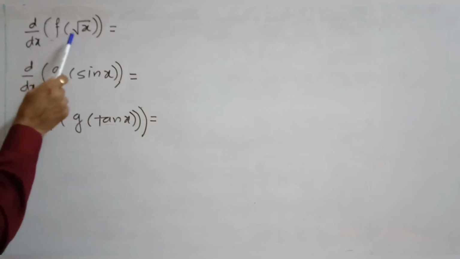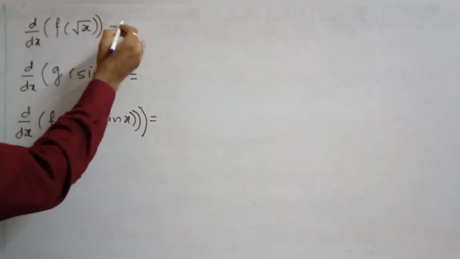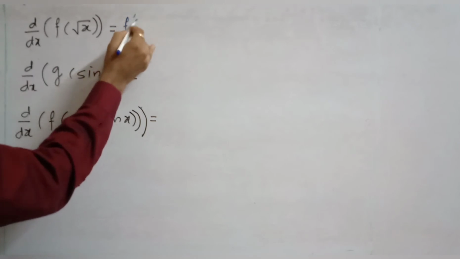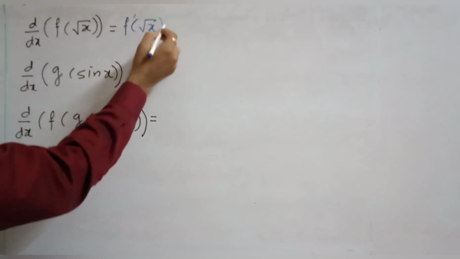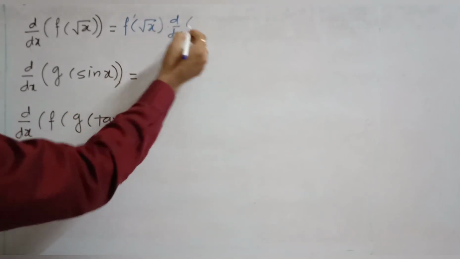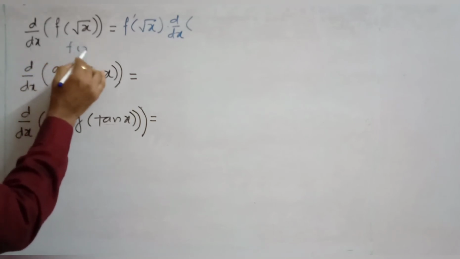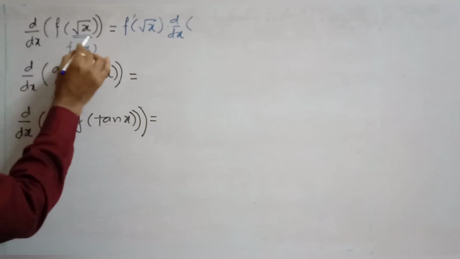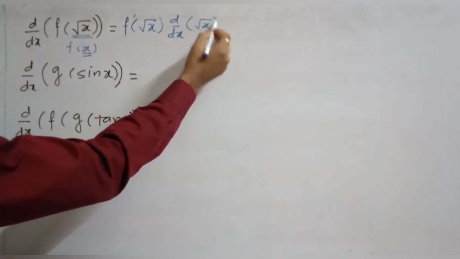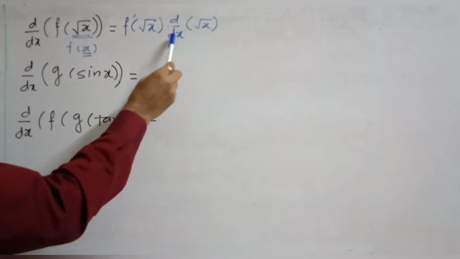D by dx of f of root x. What is your answer? You compare this with f of x, so the derivative is f dash x, so the derivative will be f dash root x in the beginning, then into d by dx of, you compare this f of root x with f of x, so x was replaced by root x, so d by dx of root x, and you must know that d by dx of root x is 1 upon 2 root x.